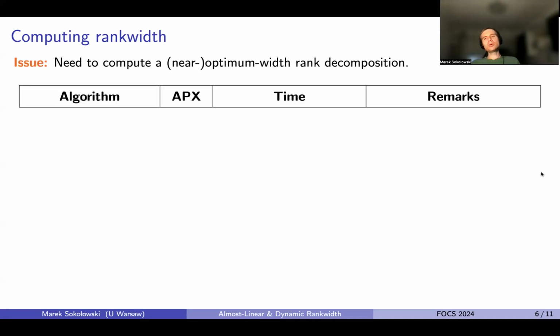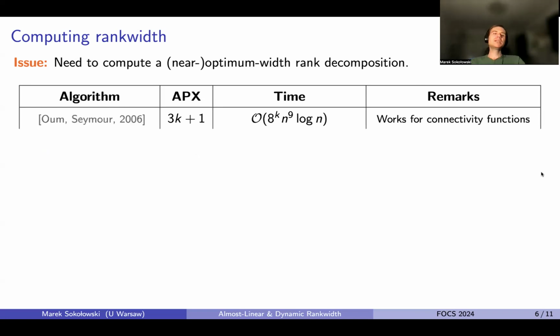Okay, so let's now walk through some of the algorithms we know for computing rank decompositions of graphs of optimum or near optimum width. So first of all, in 2006, when Oum and Seymour described the notion of rank width, they produced a 3-approximation of this parameter that works in polynomial time, something like n to the power of 9, and it actually works for a more general concept of connectivity functions.